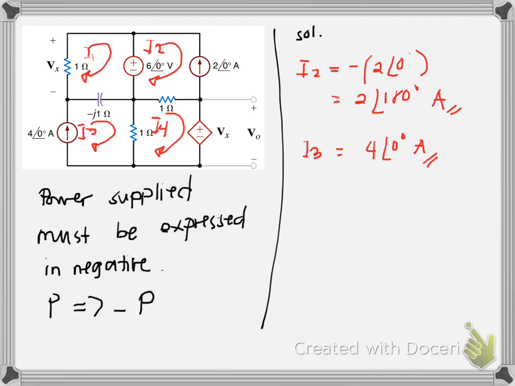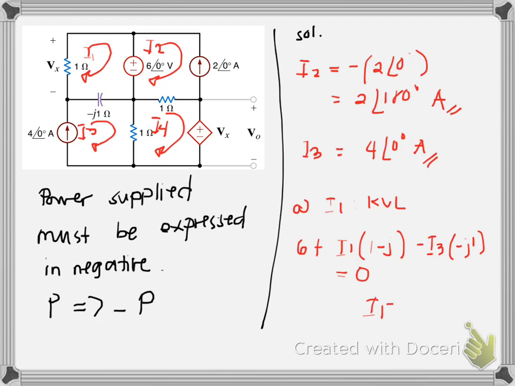Okay, so since I2 and I3 are already known, let's only solve for I1 and I4. So at I1, perform KVL. We have 6 plus I1 times 1 minus J minus I3 times negative J1 equals 0.